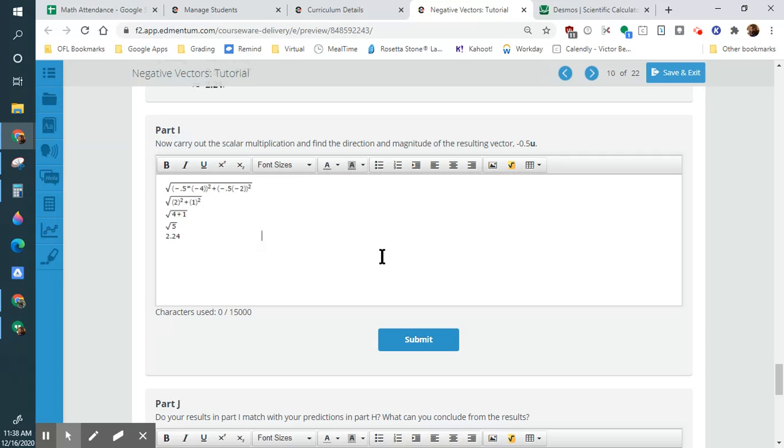And the next one wants us to find the direction. So we're going to have to use tangent inverse.